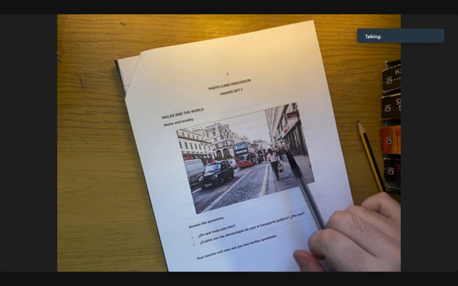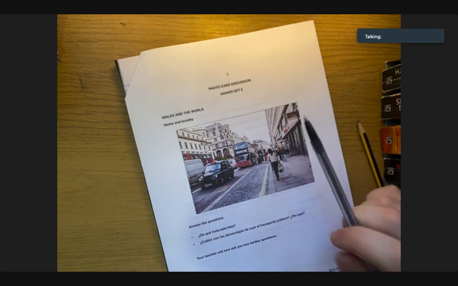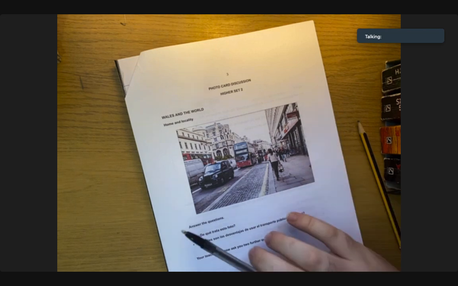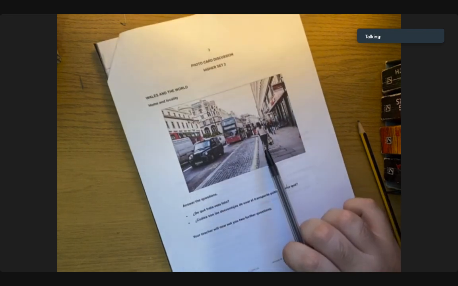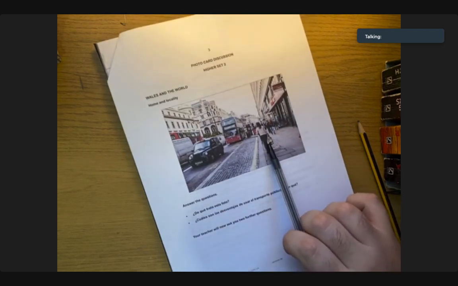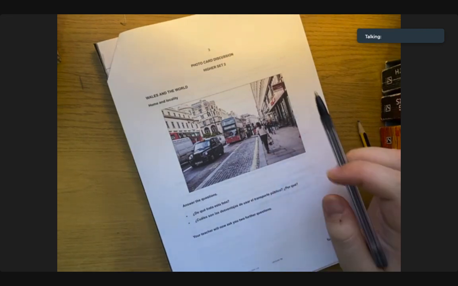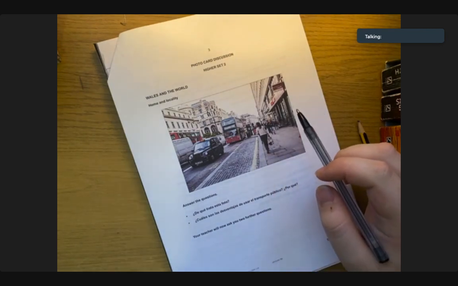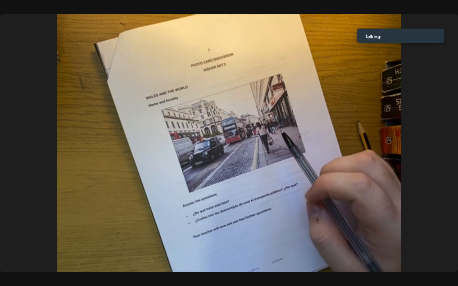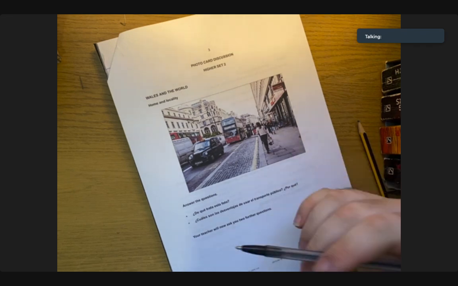Y además, diría que hay muchas personas. Por ejemplo, puedo ver una mujer. Y además, podría ser una ciudad muy grande. So I've said that it could be a big city.